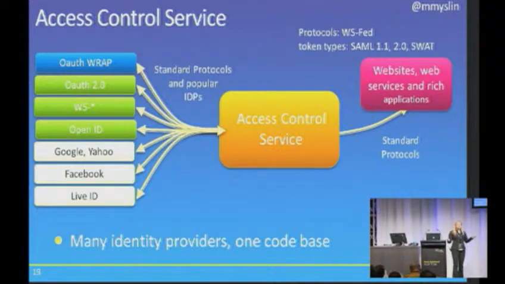As long as you say, as a developer, that you trust those identity providers like Facebook, access control will allow your customers to go to Facebook, grab a token from them, bring it to the access control service, run it through a rules engine for rules that you've previously set up for them, create a different token, and return that token in whatever token format you understand back to you, and then you can make the authorization decision. So that's the idea behind access control.